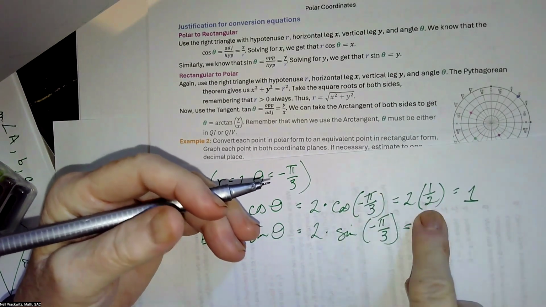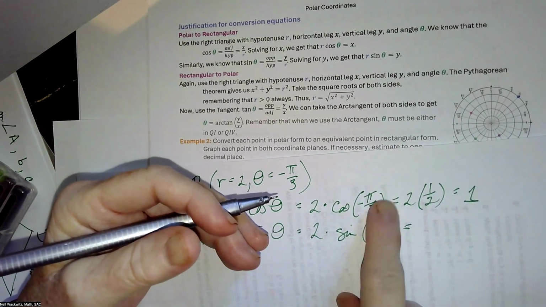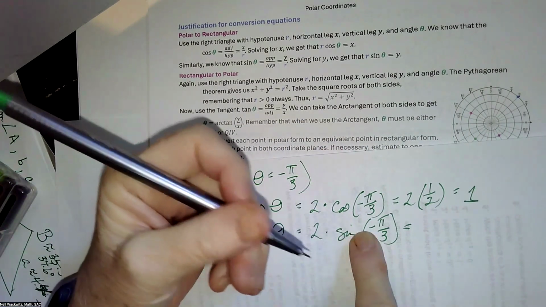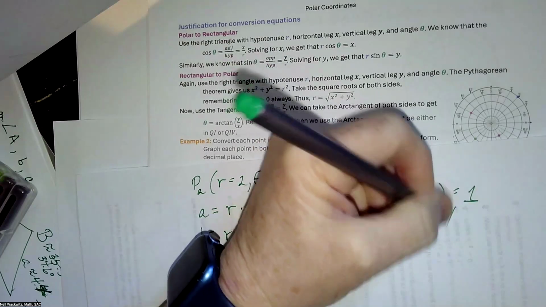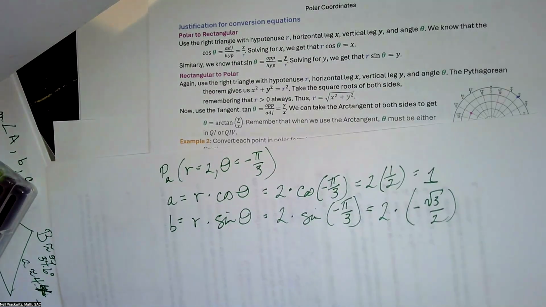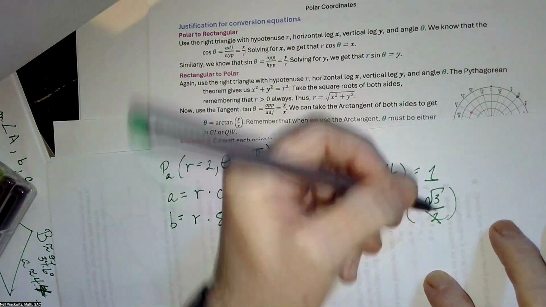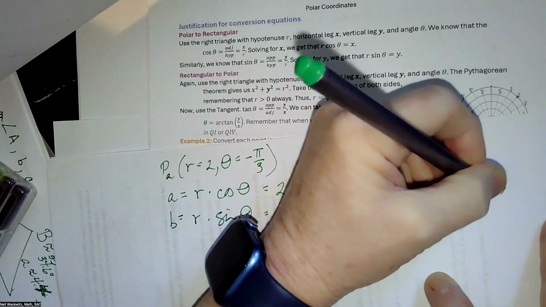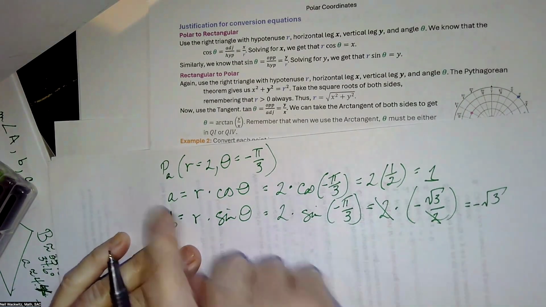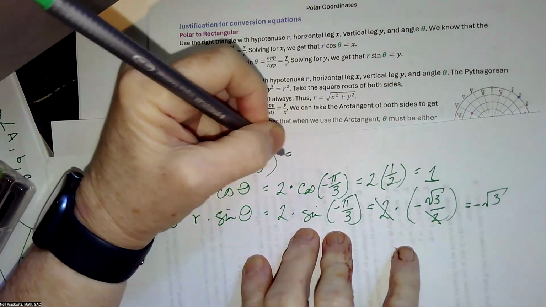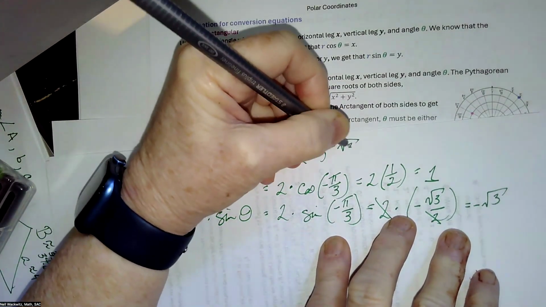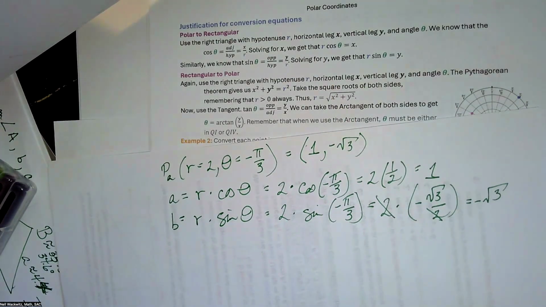And since the cosine of pi over 3 was 1/2, we know that the sine of pi over 3 is square root of 3 over 2, and it'll be negative. So we have 2 times negative square root of 3 over 2. The 2's divide out, and we have negative square root of 3. So P sub A is equal to 1 comma negative square root of 3.